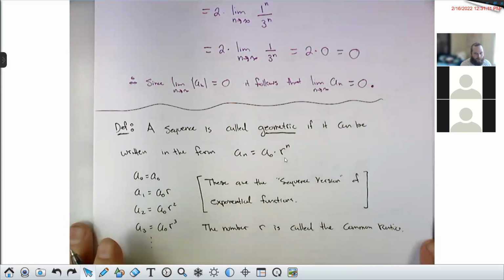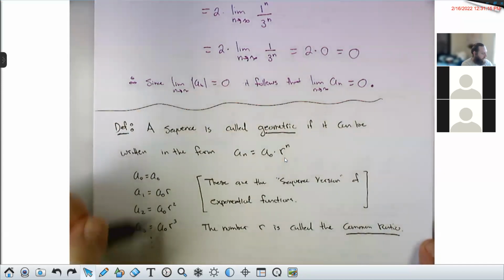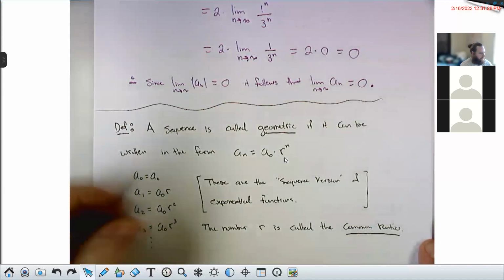And the reason we call it the common ratio is because if you divide a3 by a2, the a0 would cancel and you get r cubed divided by r squared. That's just r.